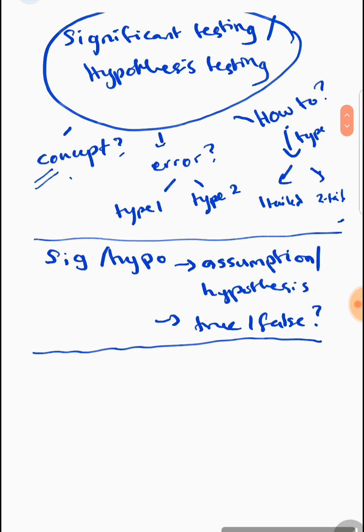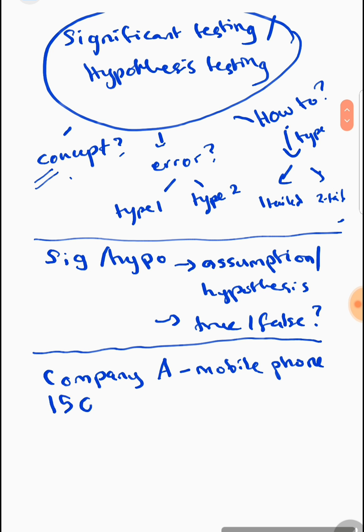All right. So, suppose that we have a company. Let's call this company A. All right. And this company is a mobile phone manufacturer. And then this mobile phone manufacturer claims that its battery could last for 150 hours before the next charge up.